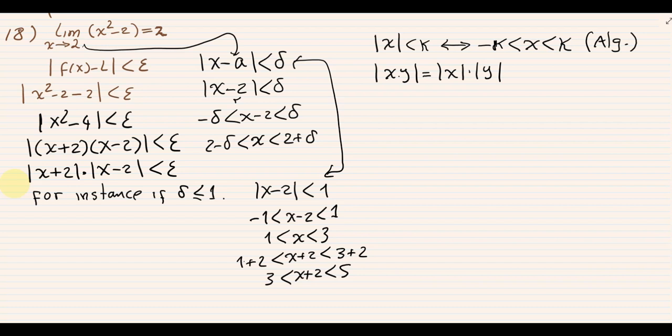So what we want to do is look at the higher bound here, because we'd rather be more conservative than not. So we're going to say x plus 2 is going to be less than 5. In other words, we're looking at the upper bound in this case.